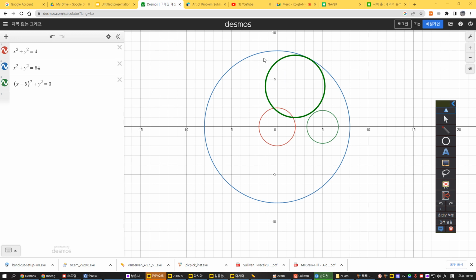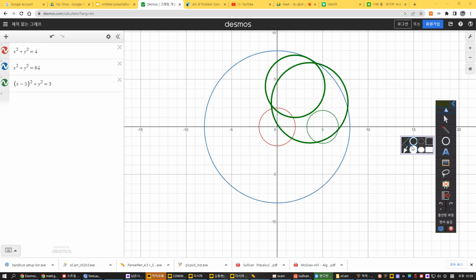So you can think of a bearing inside this wheel. And when this bearing rolls, it will be tangent to this green circle, the smallest circle, and it will happen 4 times.